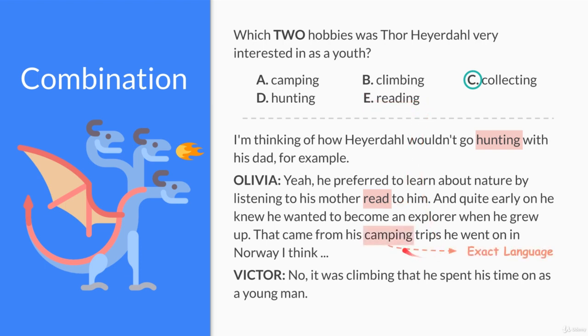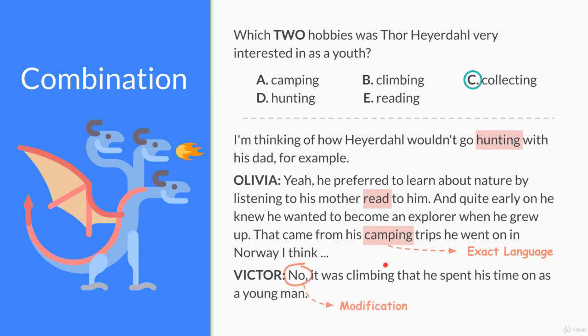So here they're using exact language. Here we have another word, camping, which appears right here. So they're using exact language, or you can also think of it as multiple answers where they're trying to throw around multiple keywords from multiple answers, hoping that you will fall for any one of them. So this is another trap that is being used here in this question.